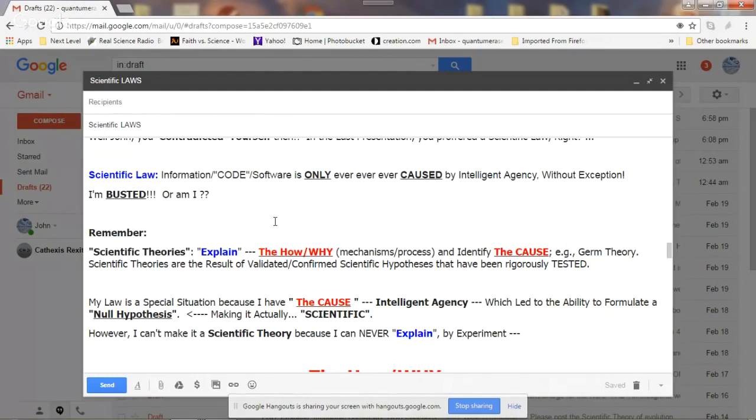Like I said before, remember, scientific theories, we're looking for two tenets. The explanations of the how and the why, that's the mechanism or the process, and to identify the cause. So both of those. Can't have one or the other with scientific theories, both of them. Like I said, germ theory.